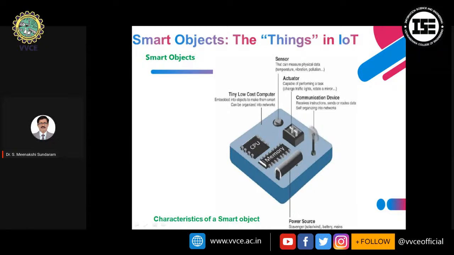For communication, you're able to receive instructions and send or route data or self-organize into networks. And the power source may be solar or wind powered, or battery, or with AC power.